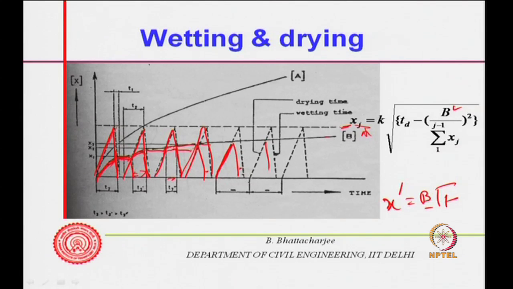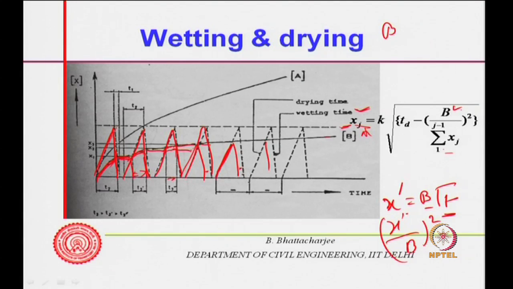Then the sum of x_j going from 1 to j minus 1, where x_j is the progress of carbonation depth during the jth cycle, sums up all the carbonation depth prior to the jth cycle. We want to find out the T. So, T would be (x dash by B) square.